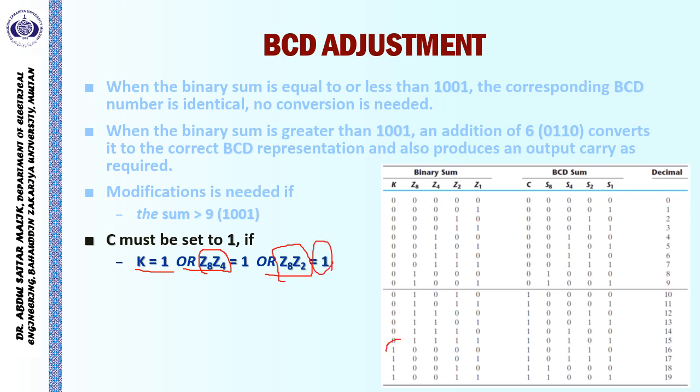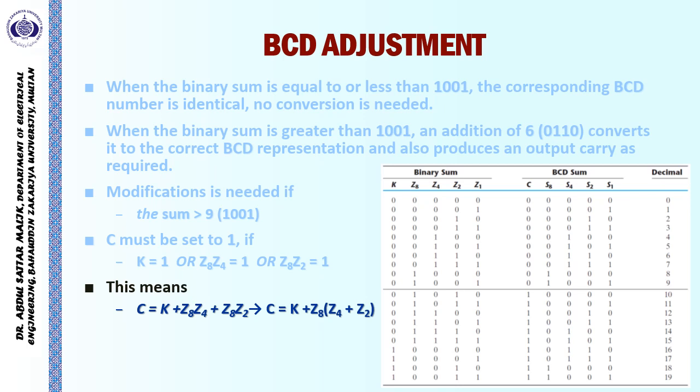So if K is 1 or Z8 along with Z4 is 1 or Z8 along with Z2 is 1, in all these conditions, the binary sum will be 10 or more than 10.